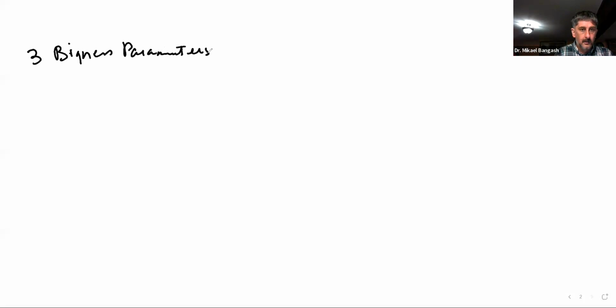Good. So we are still talking of parameters. These are still going to be parameters, but we are going to talk about a group of three parameters here, which are going to be the three bigness parameters.